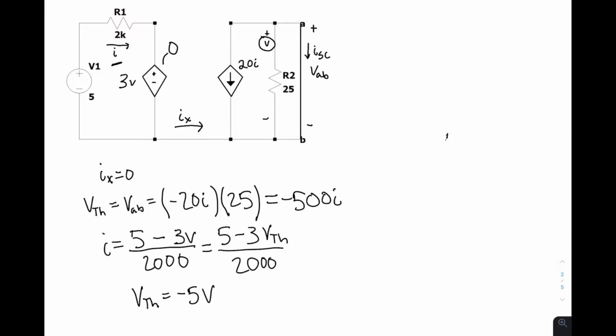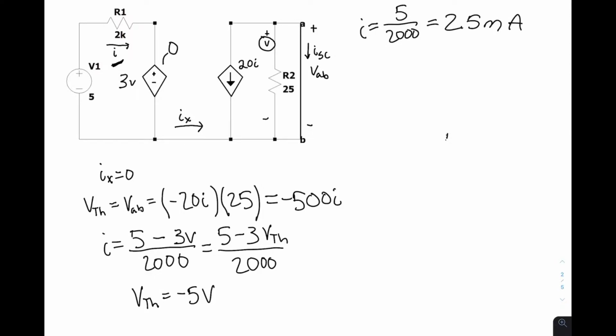With that controlling source deactivated, we can easily solve for I, which is our control for the current, which will simply be V1, which is 5 volts, over 2K ohms, and that is equal to 2.5 milliamps.